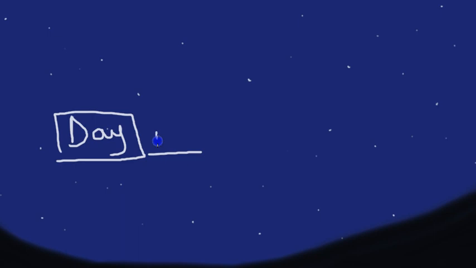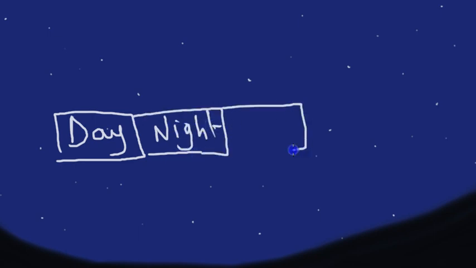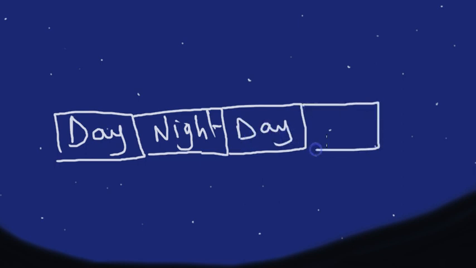So let's say we have day, and then we have night, and then we have day, and then we have night. Now what happens is, going this way, let's say today is the second.